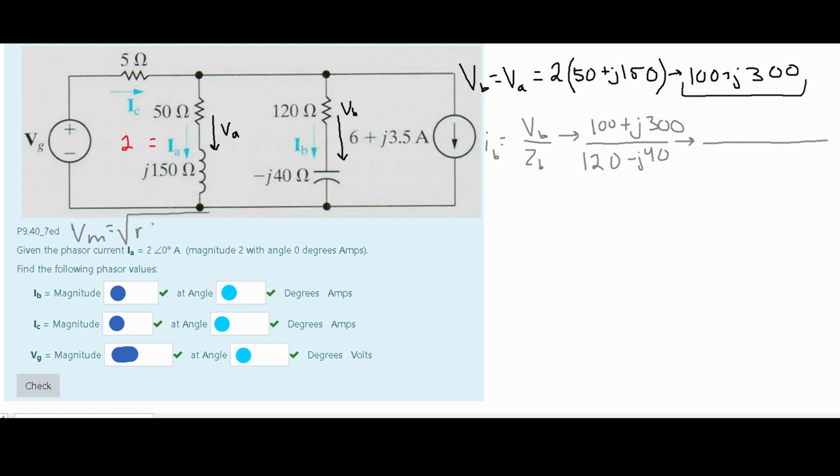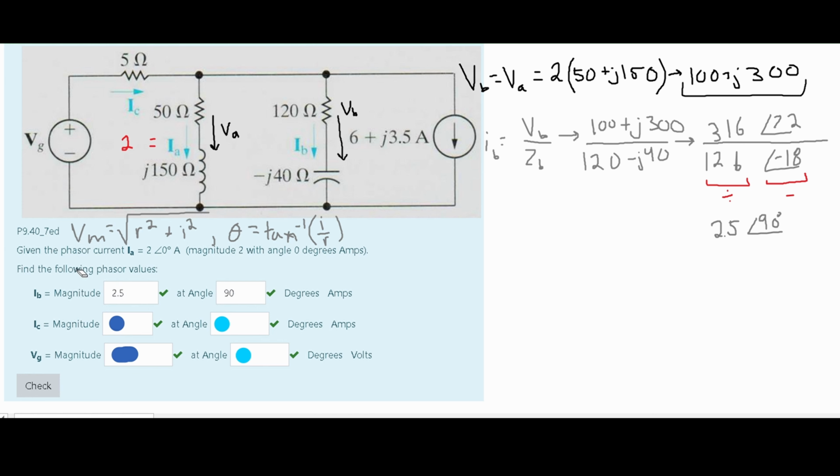And we're going to do this for both the numerator and denominator. And after we do that, we're going to get these two equations. Remember, for the numbers, we are going to divide these two, while for the angles, we are going to subtract the denominator from our numerator. And if we do this, we're going to get our magnitude to be 2.5 with an angle of approximately 90 degrees. And this will be the magnitude and angle for our I of B.